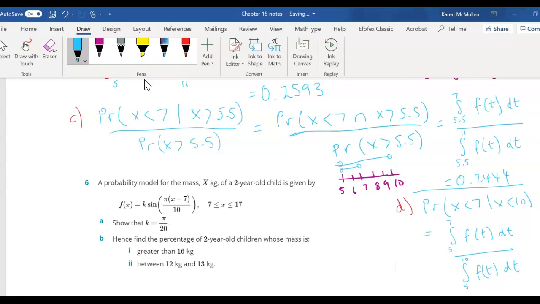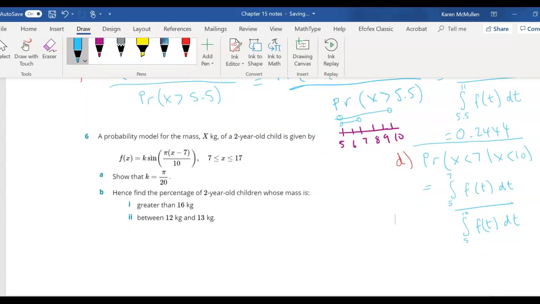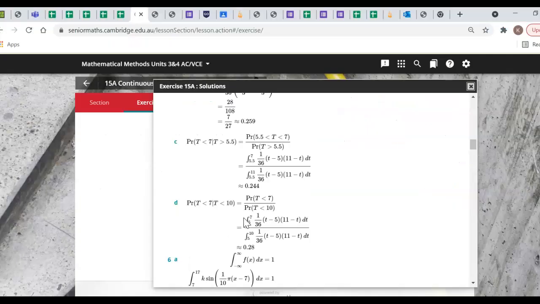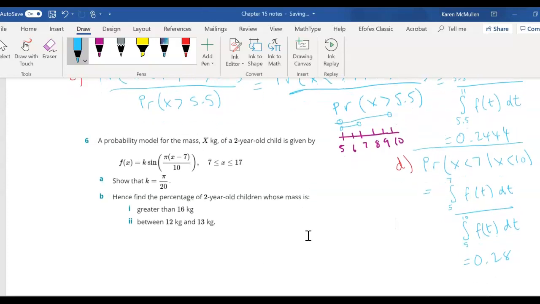Okay, so what they have in common is 5 to 7. Sorry about that. All right, I'm just going to do a sneaky check the answer because I don't want to spend a lot of time doing that on the calculator. So you can see there it's approximately 0.28. Should really do it to 4 decimal places, but when you do that on the calculator, you can get it to 4 decimal places. All right, let's move on to question 6.